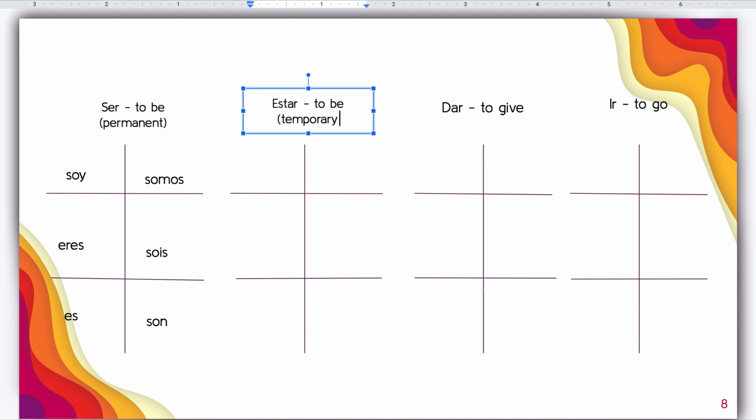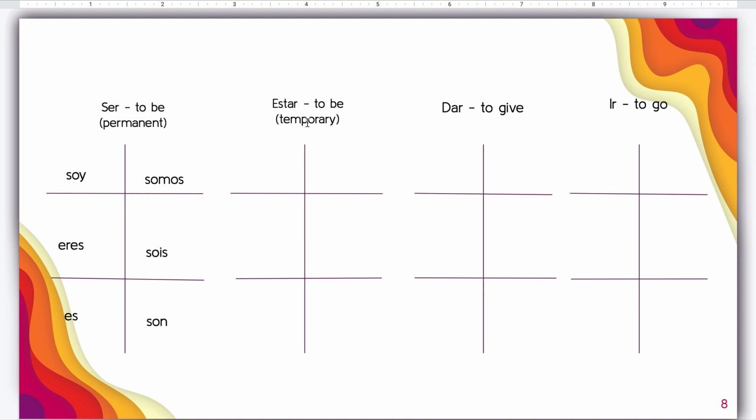temporary. And what that means is to say, like, I am tall would be a permanent thing. You would use ser. To say, like, the school is near my house. That is a location, which it doesn't really make too much of sense, but it could possibly move so it becomes temporary.